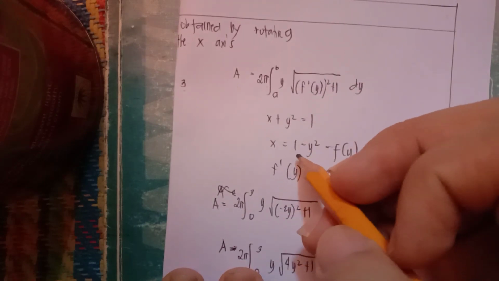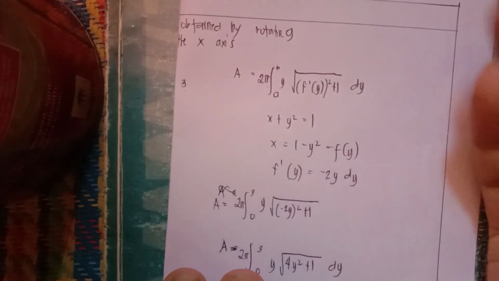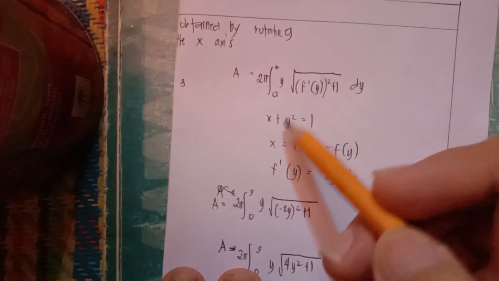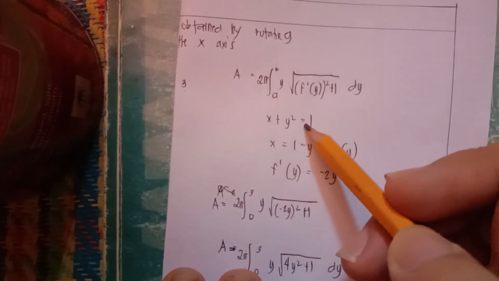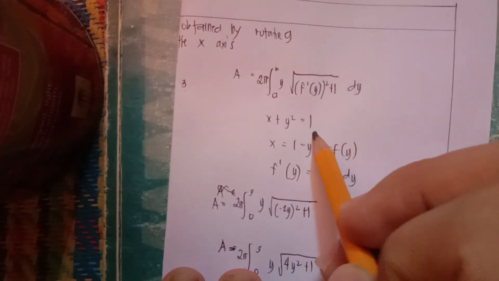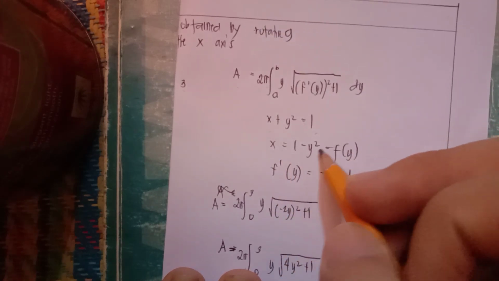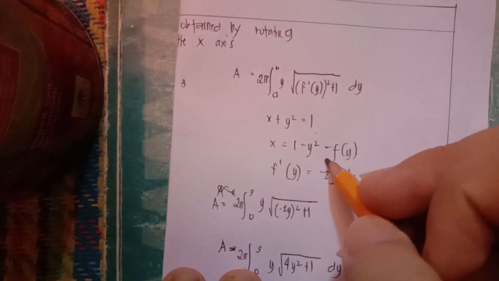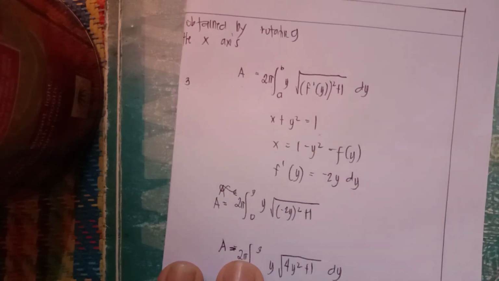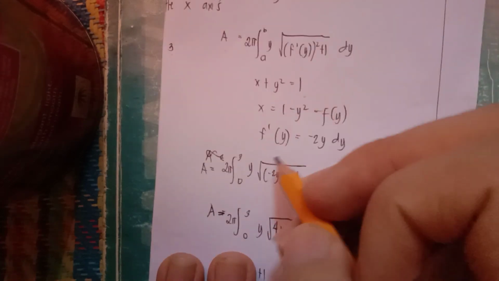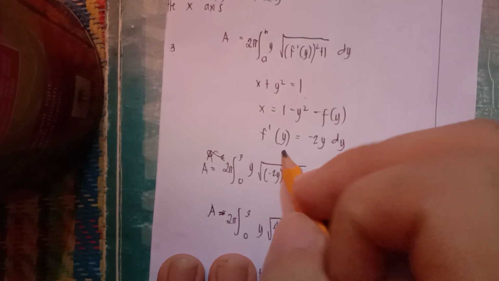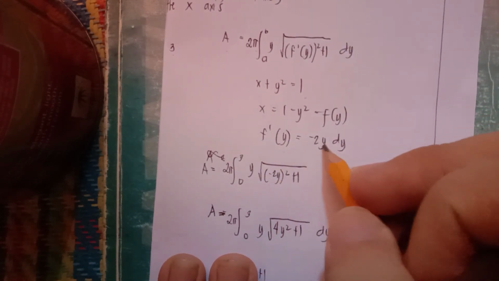So first, let's get the derivative of the function in terms of y. So we have x plus y squared equals 1, and we move things over: x equals 1 minus y squared, which equals f of y. So this is our f prime in terms of y, equal to negative 2y dy.